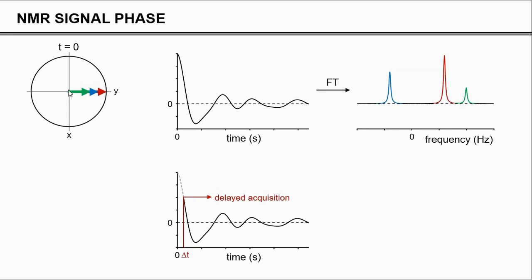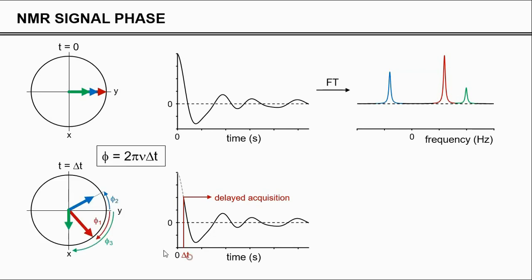Well, the spins are initially excited along the y-axis, but during that delay delta t, they will acquire a phase given by this equation. And this will show you that the phase for a constant delay delta t is linearly proportional to the frequency. So you can see that after a certain amount of time, delta t, different spins have acquired different phases.